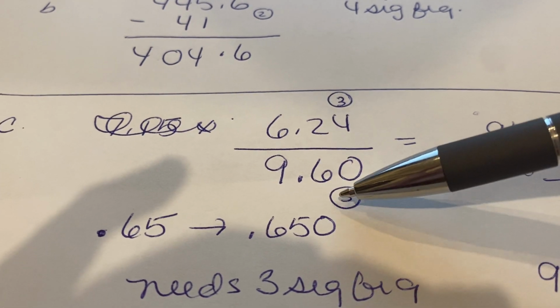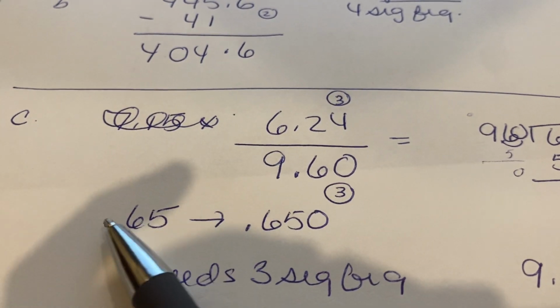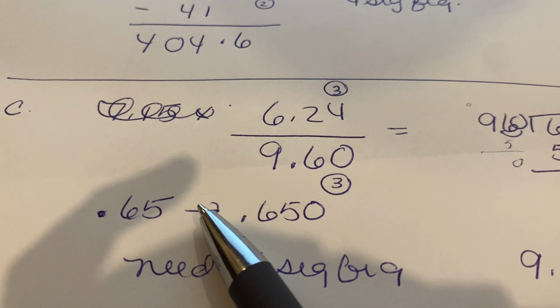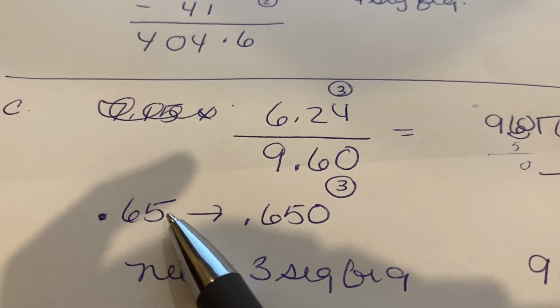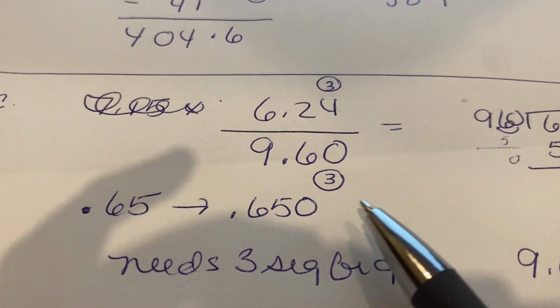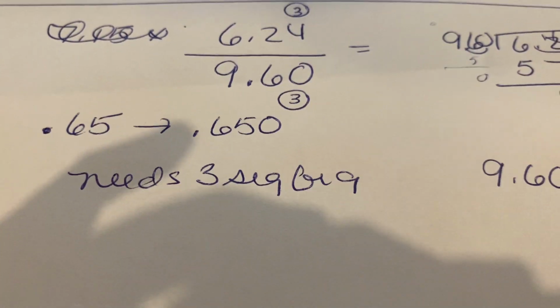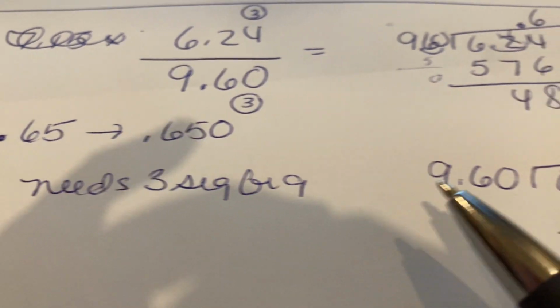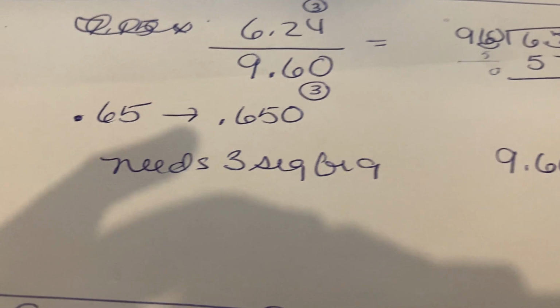As we divided it up, we actually got 0.65. But since there's only 2 sig figs, we need 3 sig figs, so it's 0.650. Okay? So let's go on to D.